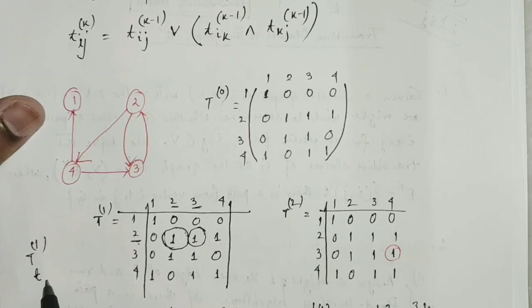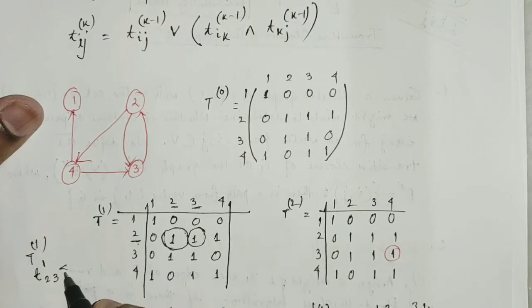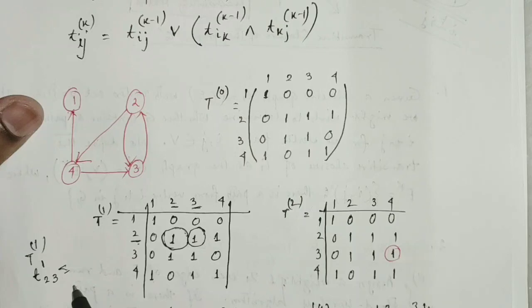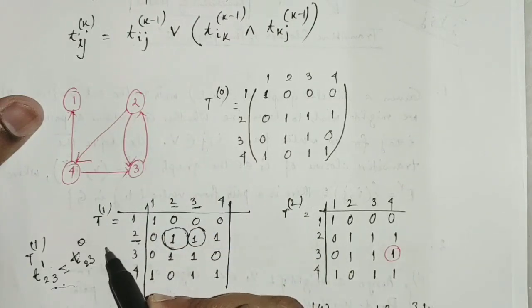So ultimately you are calculating 2, 3 using 1 as an intermediate. What is the formula? T of ij, this is i, this is j, T of ij, 2, 3 using k minus 1, so k minus 1 is 0.